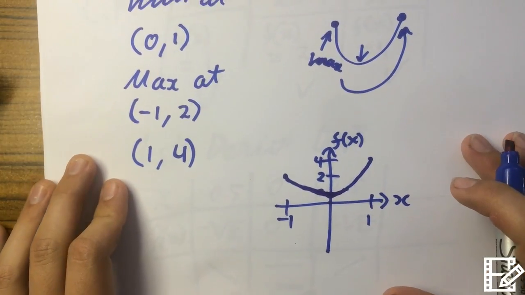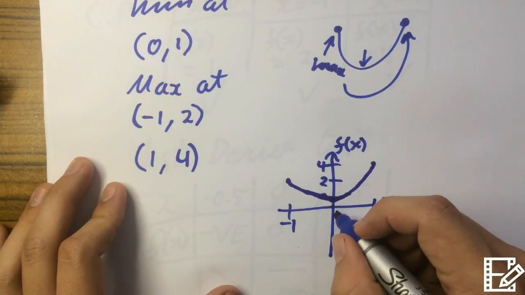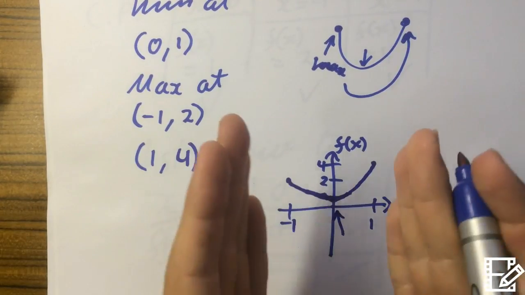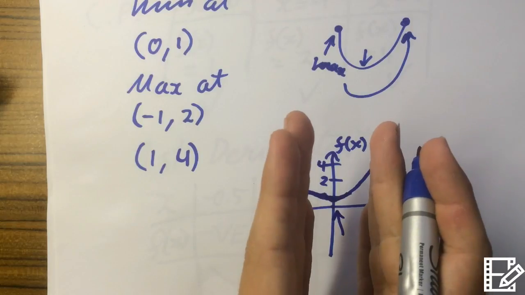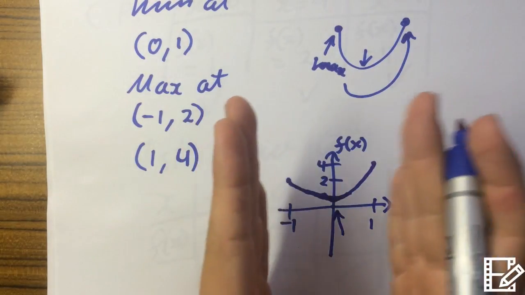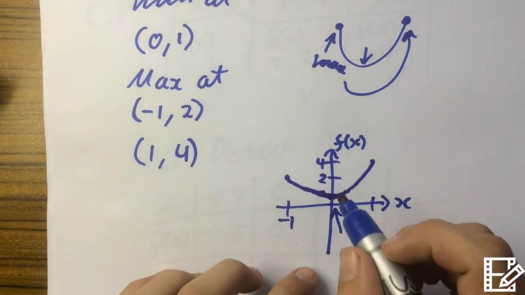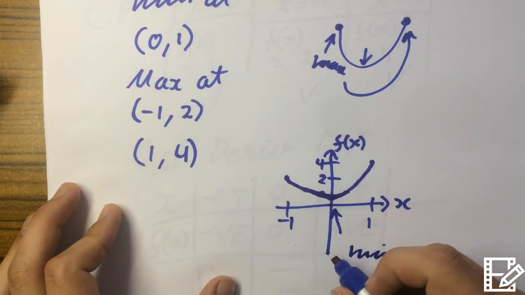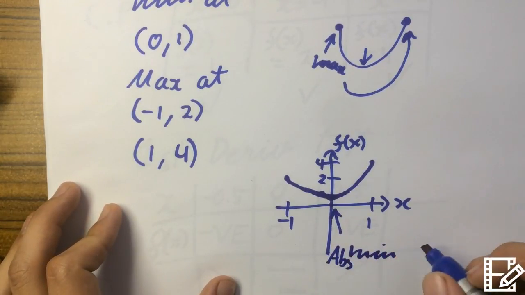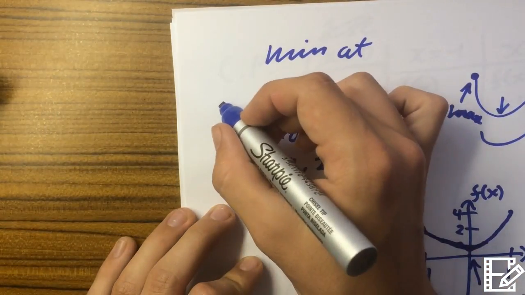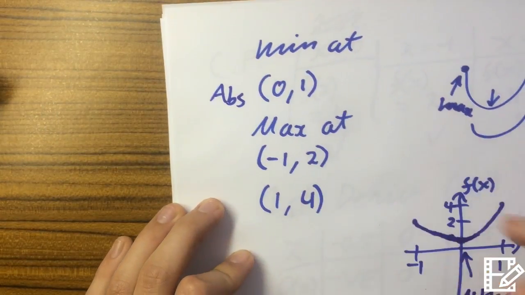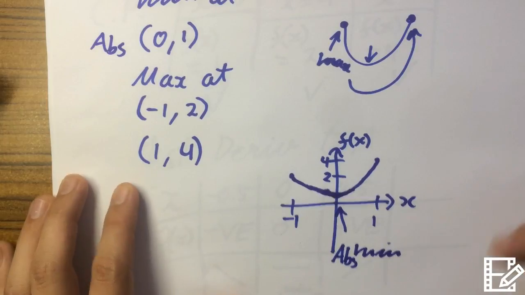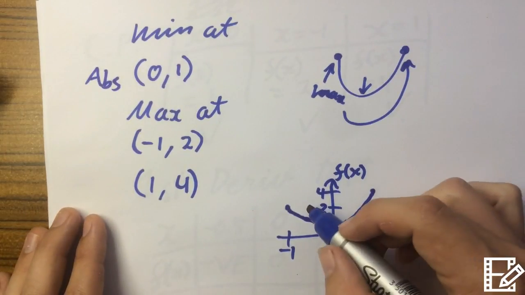Therefore, we can say that here, this is our lowest point across the whole section we're looking at. It's a very small section because I've got a small graph, but out of the whole lot, this is the smallest point. Therefore, we can not only say it's the minimum, but say it's the absolute minimum. Here is higher than this.